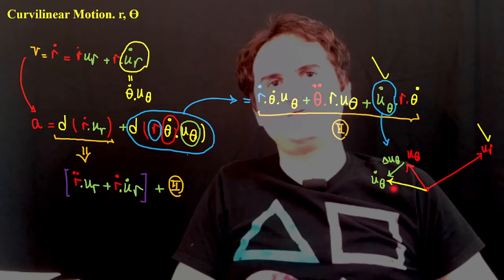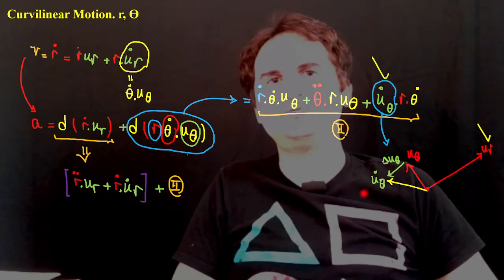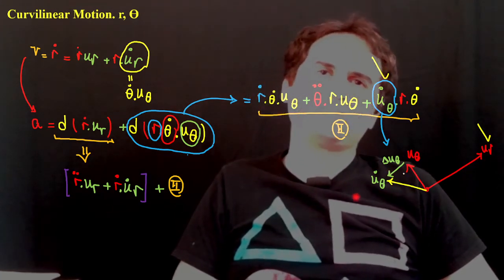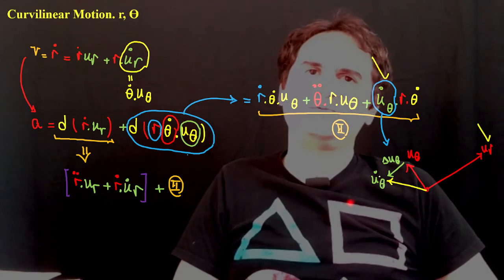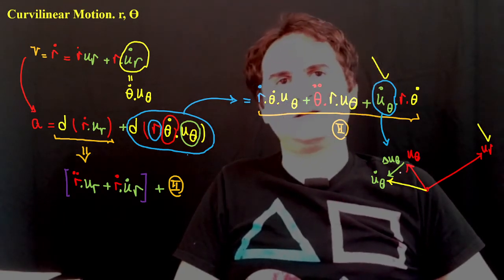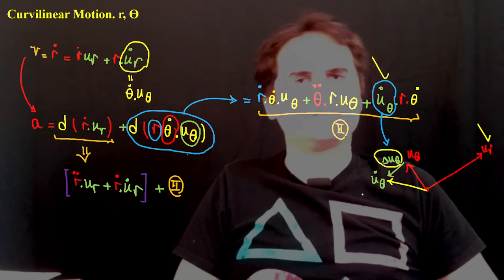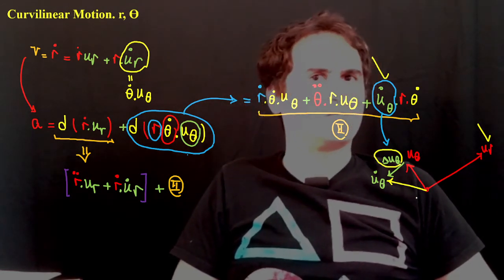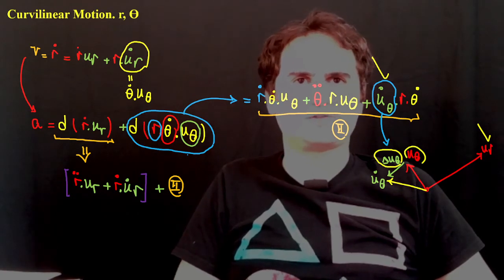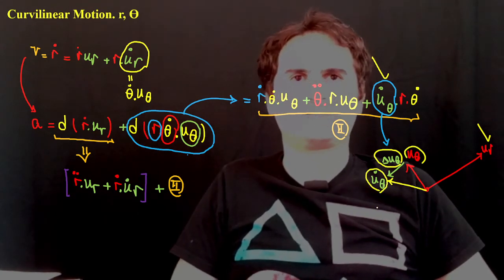If we just move from u theta to u theta plus delta theta, this is the change of that. From here, we just move to delta theta.